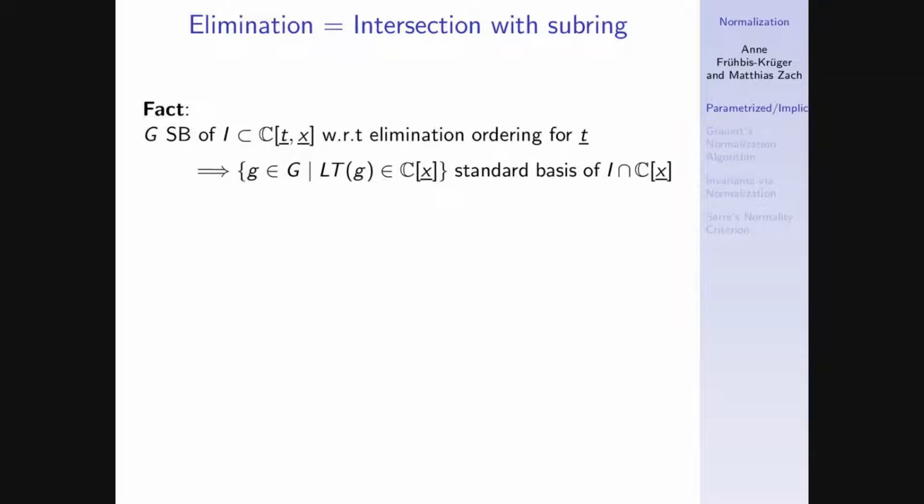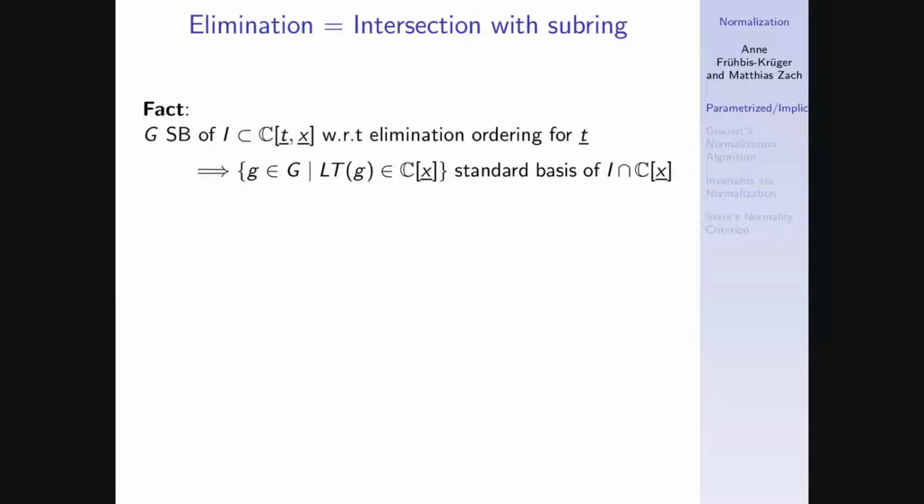So the fact is, if we have such a polynomial ring in two sets of variables and we want to eliminate one of the sets, we can compute a Gröbner basis or a standard basis of that ideal with respect to an elimination ordering for t. I'm going to say what that is in a moment.